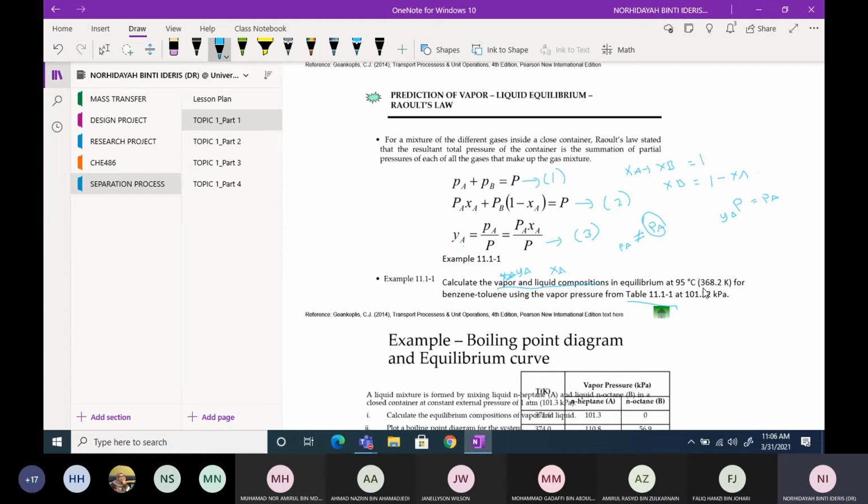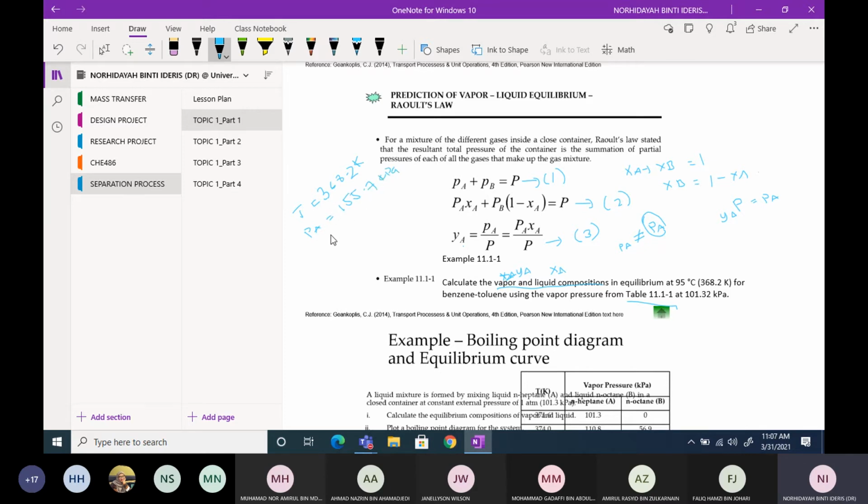At T equal to 368.2 Kelvin, do you spot the value of PA equal to 155.7 kPa?